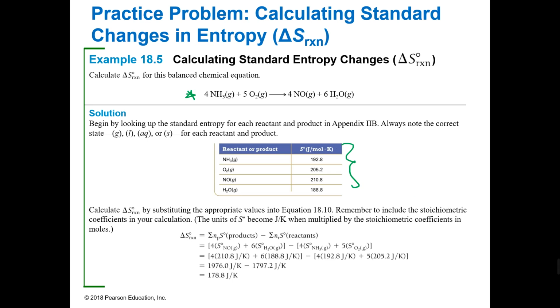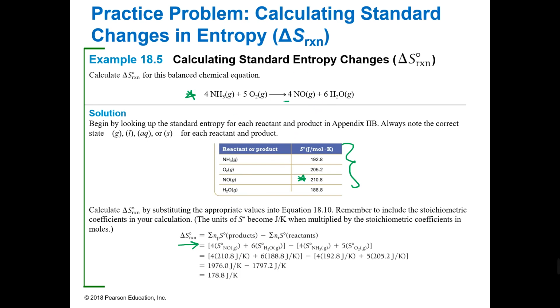So you have the products, which you can see right here. We're going to say 4 times the value of the nitrogen monoxide, right here, plus 6 times the value of the water.